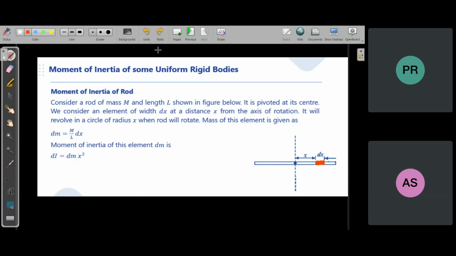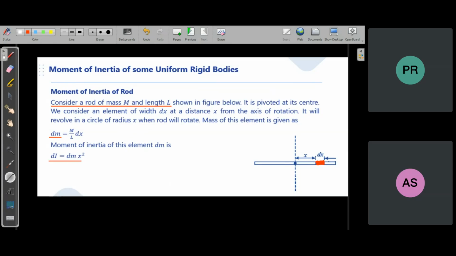And now you use the formula of moment of inertia for continuous distribution. Again here, what will be the mass of the element? If the total mass of the rod is m and total length is L, then the mass of the element will be the mass of dx length, which is m by L into dx.